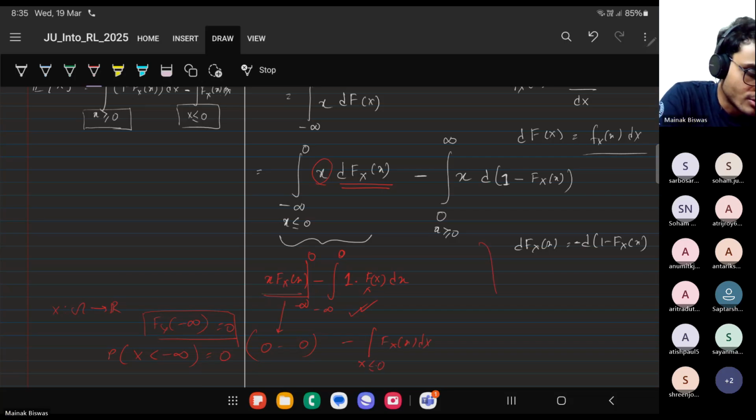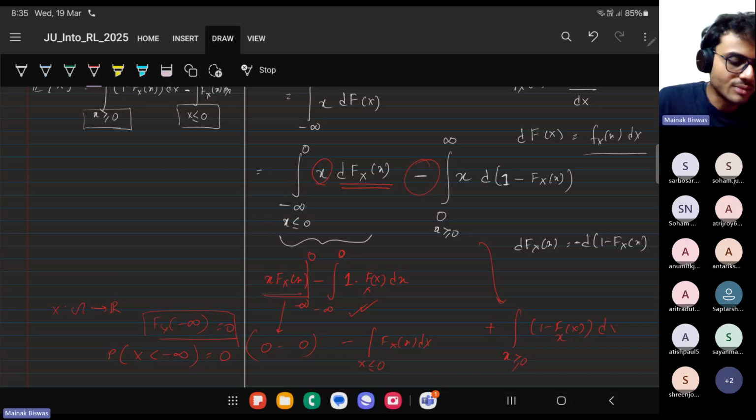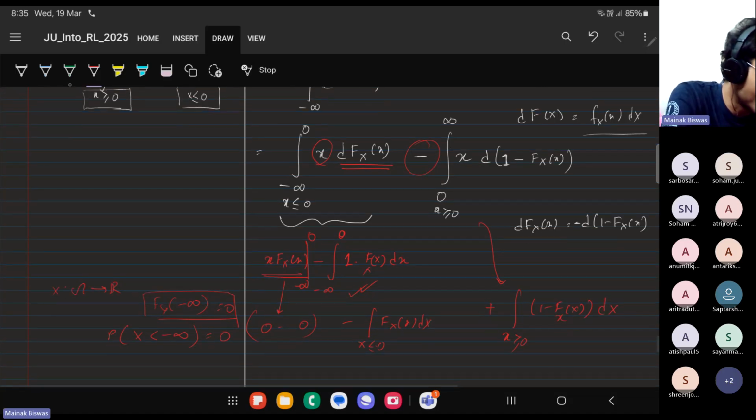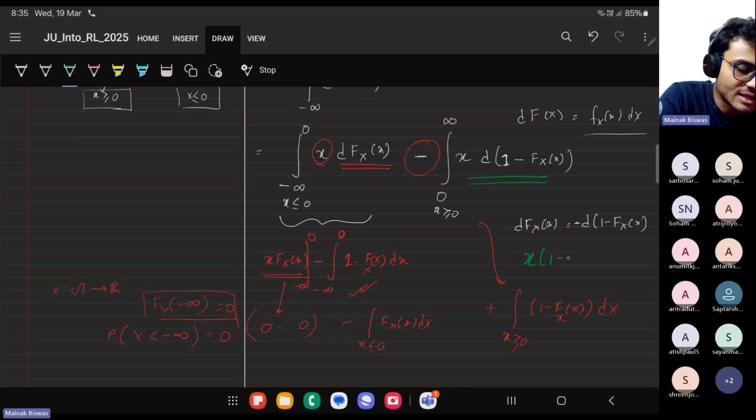Similarly, we can also do it for this, and since there is already a negative, this negative will be consumed and you will get the integral for x greater than or equal to 0 of 1 minus F of x dx. Why did I take this? You will appreciate it if I do the first part. See, x into 1 minus F(x) will be the first part of the integral, again from 0 to infinity. Do you agree that F(x) at infinity will be equal to 1?